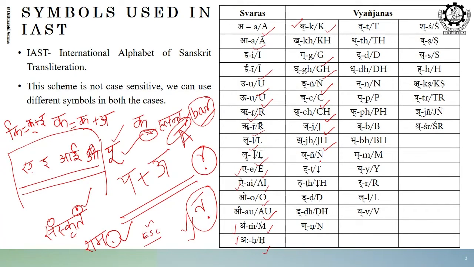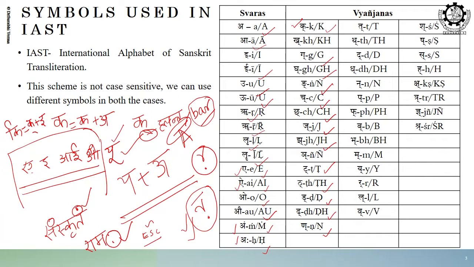Then t. The t, th, d, dh group, you remember, has a lower dot at the bottom: t lower dot, then th is t lower dot h, d is d lower dot, dh is d lower dot h, and the last one is n lower dot.